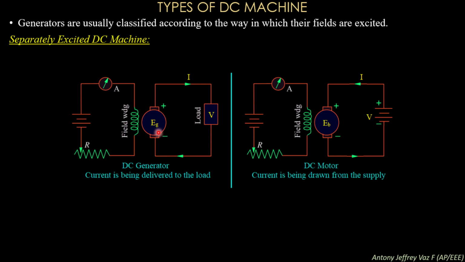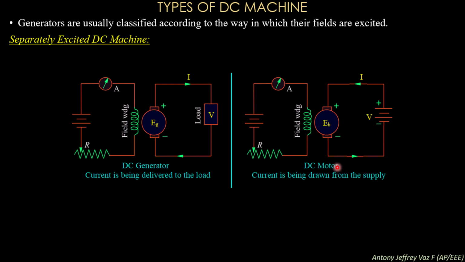generator. Here you can see there are two figures. This one is for the generator and this one for the motor. Both look similar. The only difference is that in the generator the armature is producing power, which means you are inputting mechanical energy and delivering electrical energy as the output. You can see the current I is being delivered out into the load.